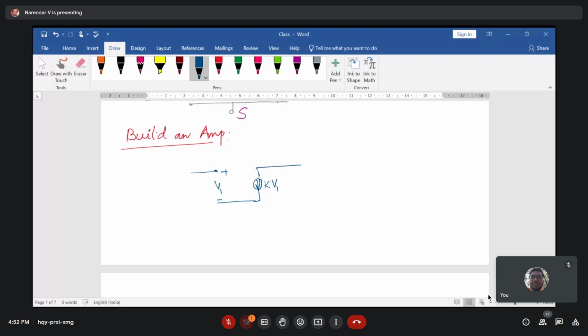Along with this there is a load resistor in your circuitry called RL, and here we have a Vout voltage, positive and negative, and that Vout voltage is expected to be minus K times RL times V1.